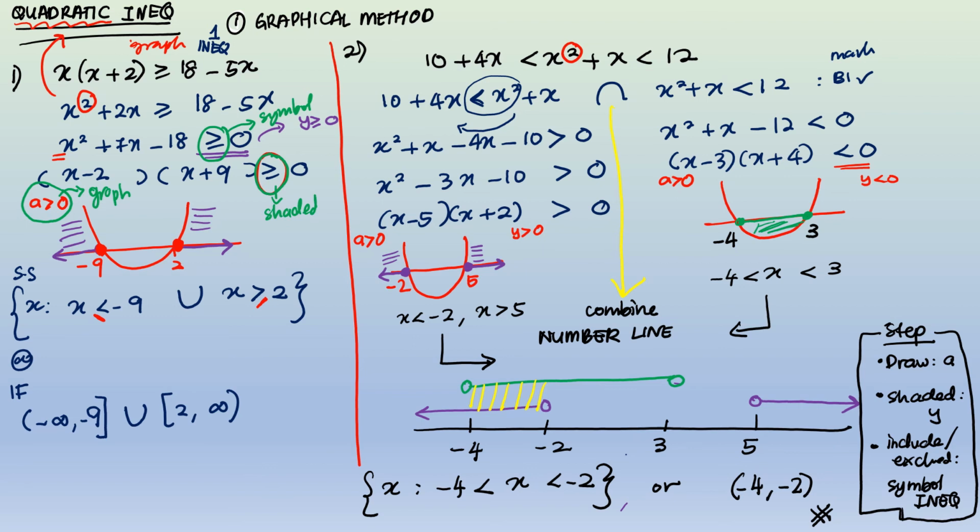Okay, continuing our remarks here. So this is for a question with one inequality. How about when we have two inequalities? Alright, if you have two inequality symbols, you will separate it into two, with an 'and', the intersection, in the middle.